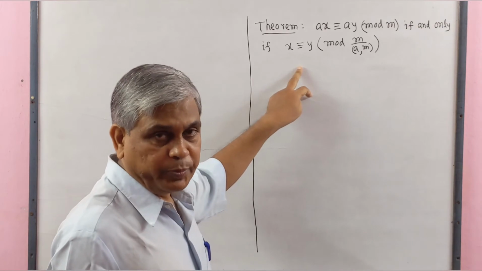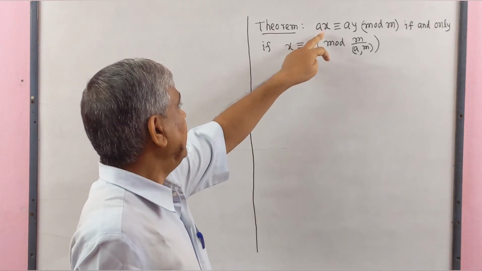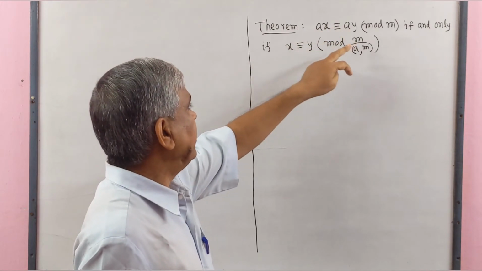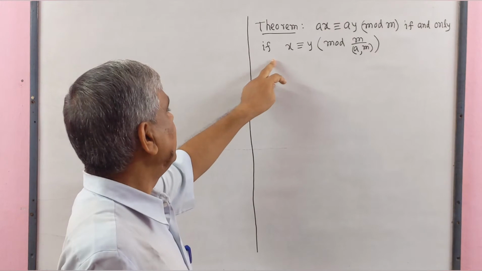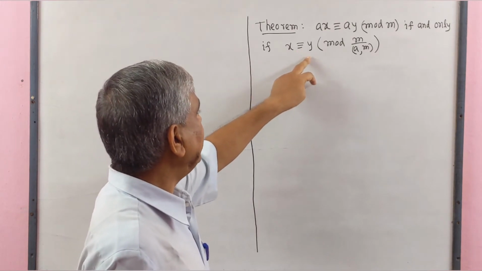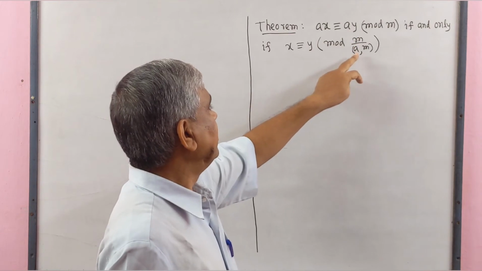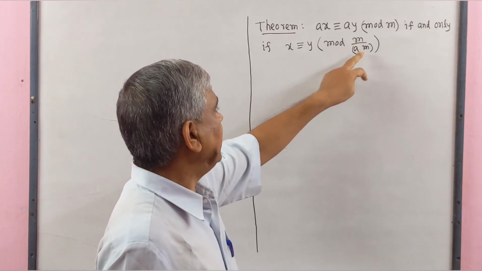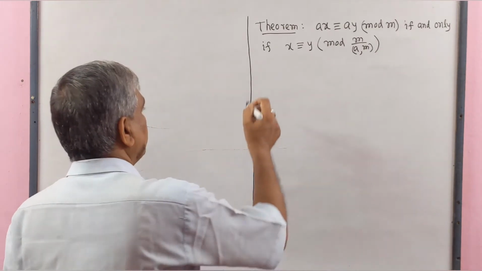Now we prove the next theorem. Theorem is ax congruent ay modulo m if and only if x congruent y modulo m divided by GCD of a and m. Now we prove this.